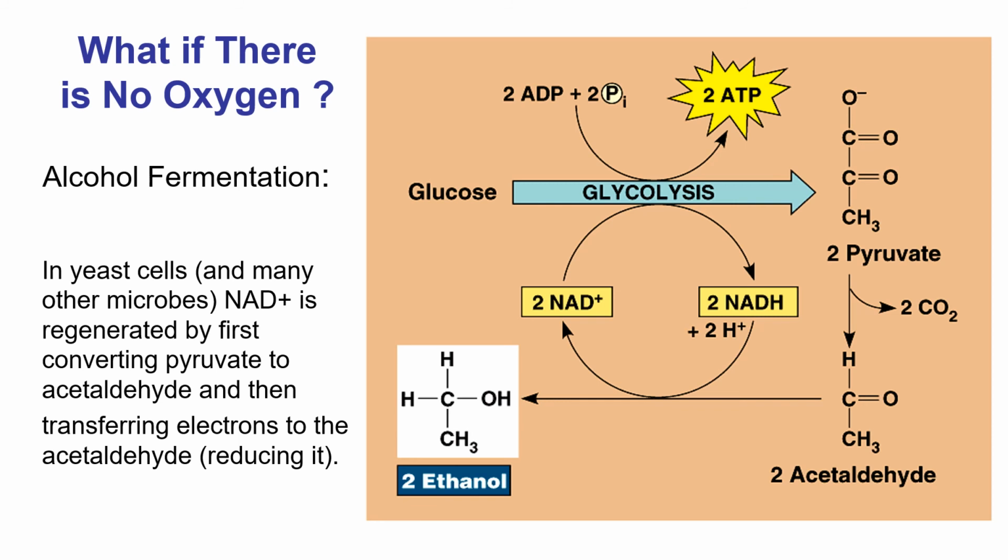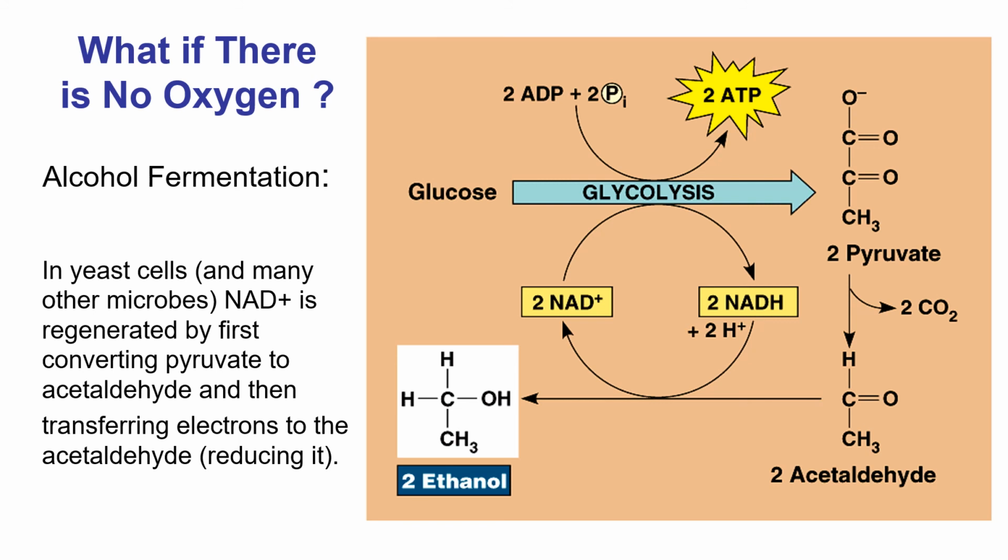And you might think, well, glycolysis can still continue, but actually it can't. And the reason for that is there is a step in glycolysis, if you remember, that generates NADH. So NAD positive is going to accept electrons and protons to become NADH. And that step has to occur.